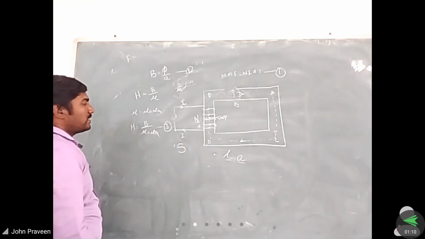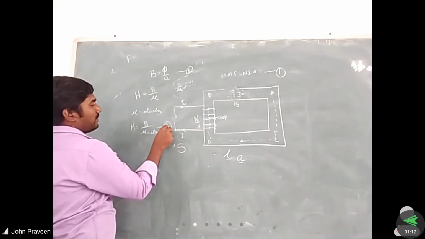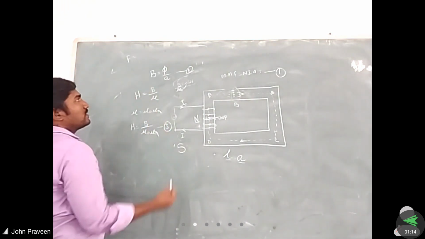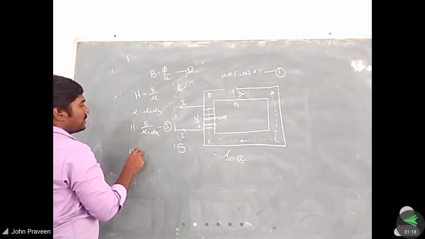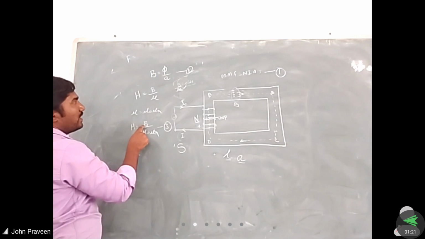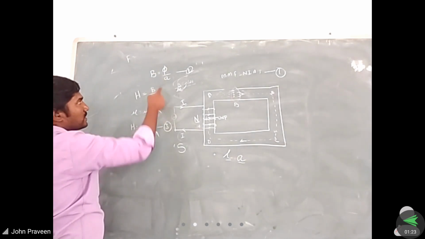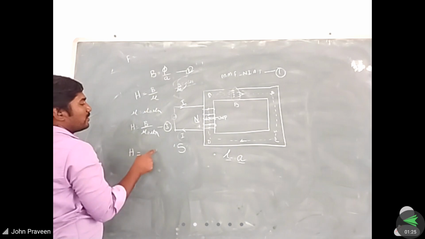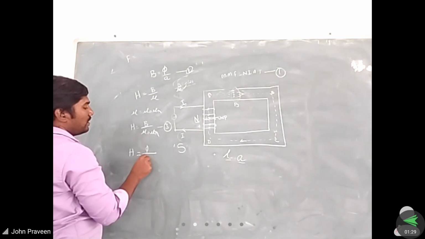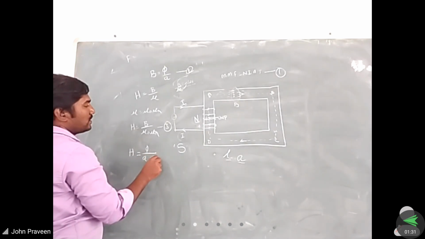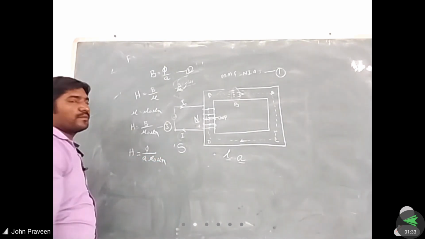So what we are doing here: substitute equation 3 in equation 2. H is equal to, instead of B, we substitute phi by A. So directly A comes into the denominator: phi by A into mu naught into mu r.